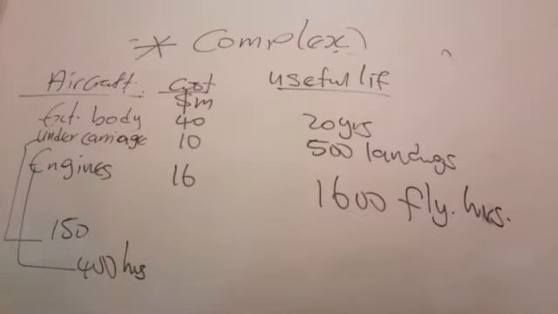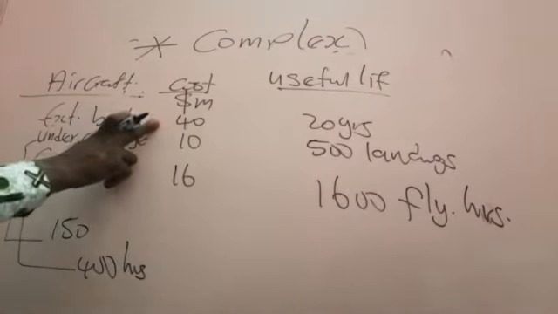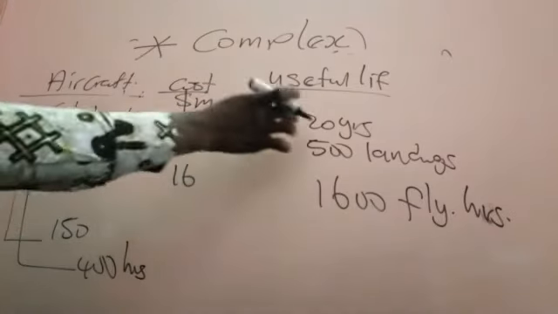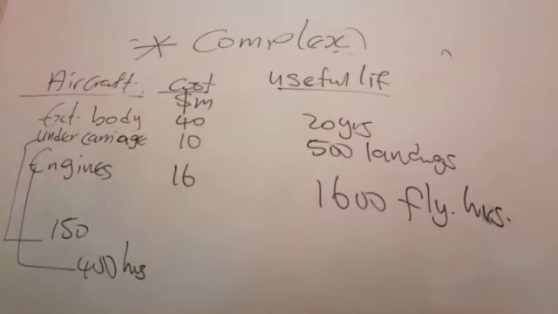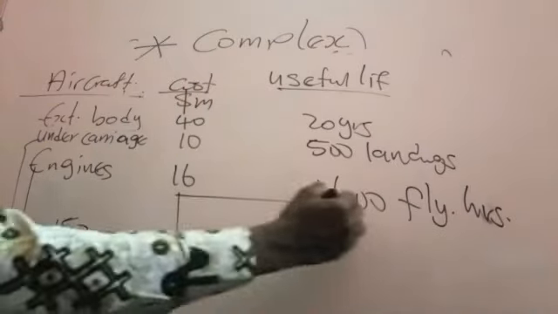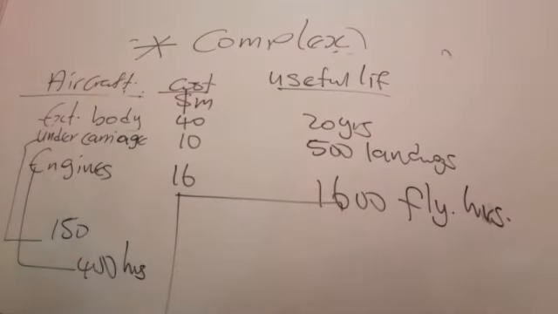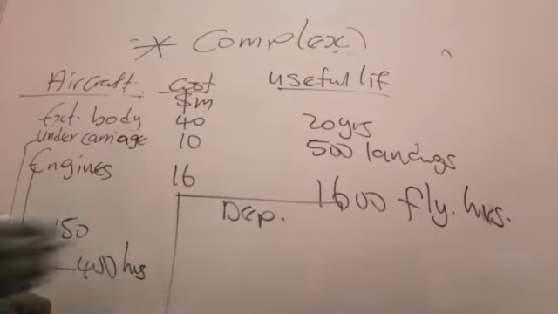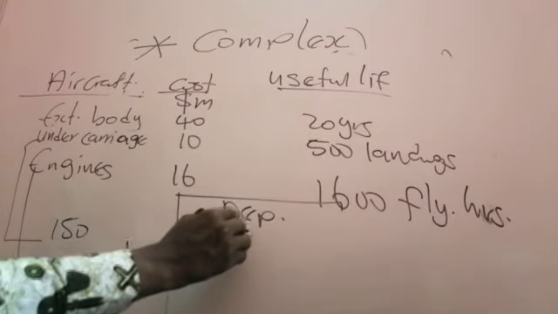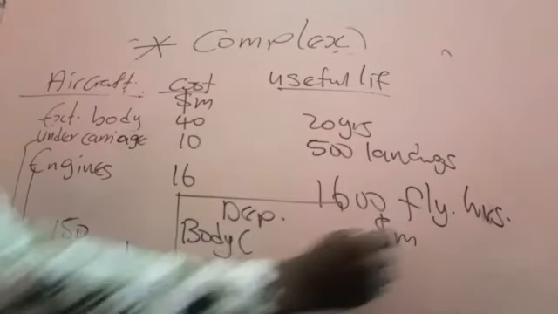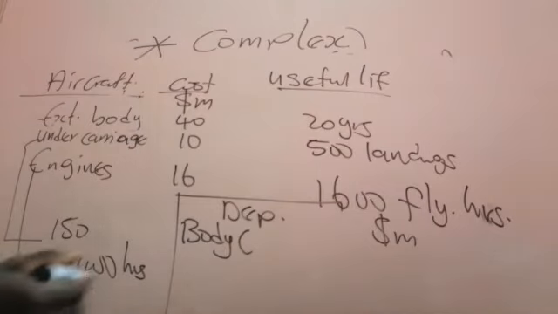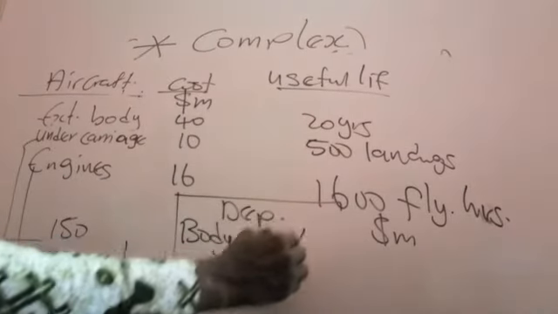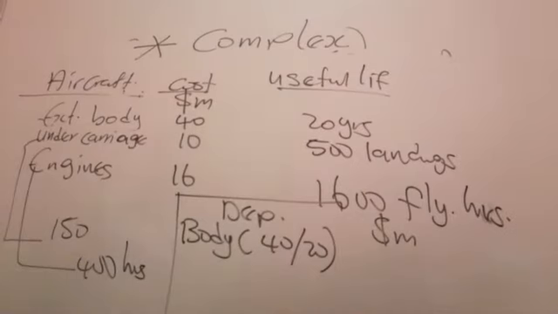So let's see the calculation. First, the entire body depreciation will be 40 million divided by 20 years, which gives us 2 million.